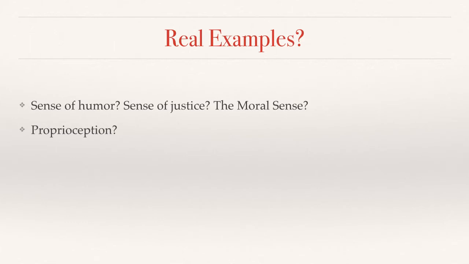So what allows you to know how your arm is extended or not? Are you making a fist? Is your finger pointed out? Is it in a crooked position? Well, if you make these various movements and pay attention to your experience, you might notice we're very good at telling where our body is in space.